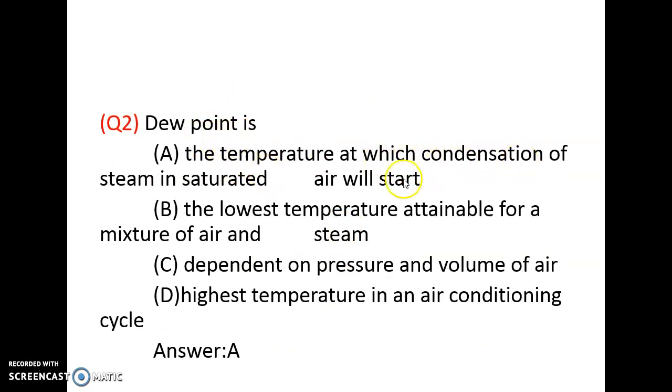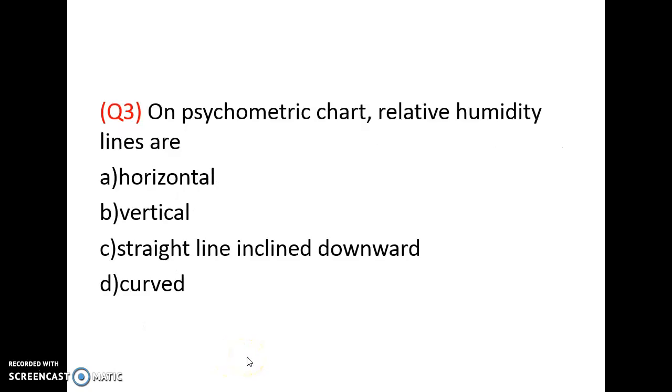Dew point is the temperature at which condensation of steam in saturated air will start. So the answer is A. On the psychrometric chart, relative humidity lines are horizontal, vertical, straight line inclined downward, or curved.